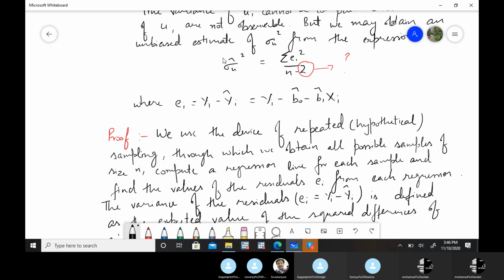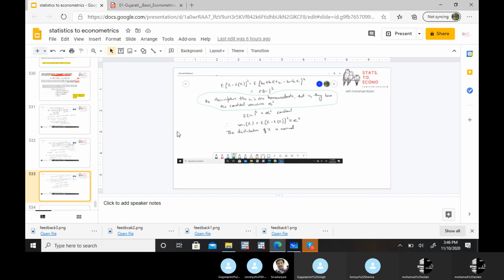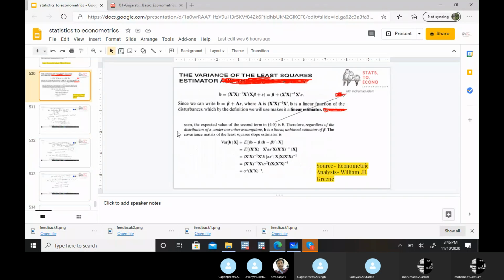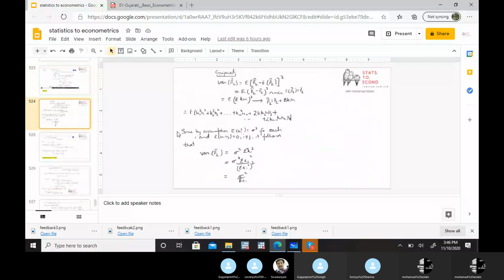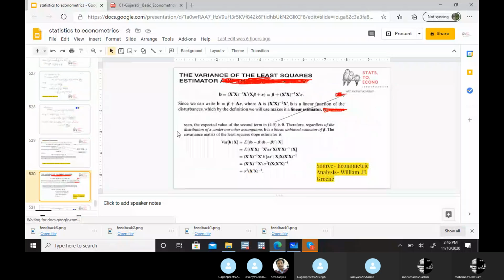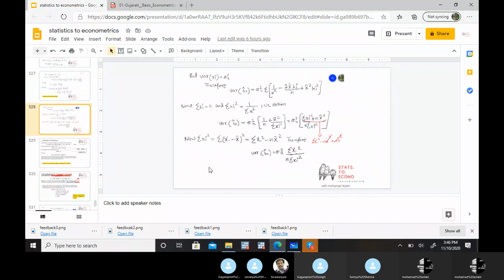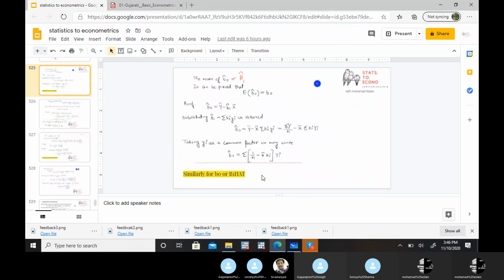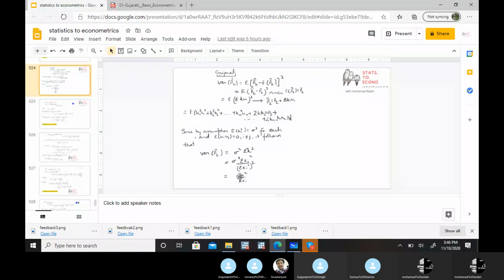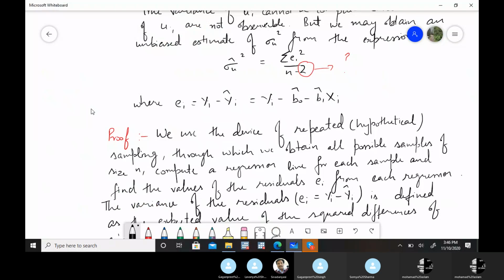But everywhere in all the derivations, it's sigma square, even in the matrix form. Similarly, in beta 1, and the same we did for the slope coefficient, it's sigma square. So we have to prove that this is equivalent. That's why we are using it.